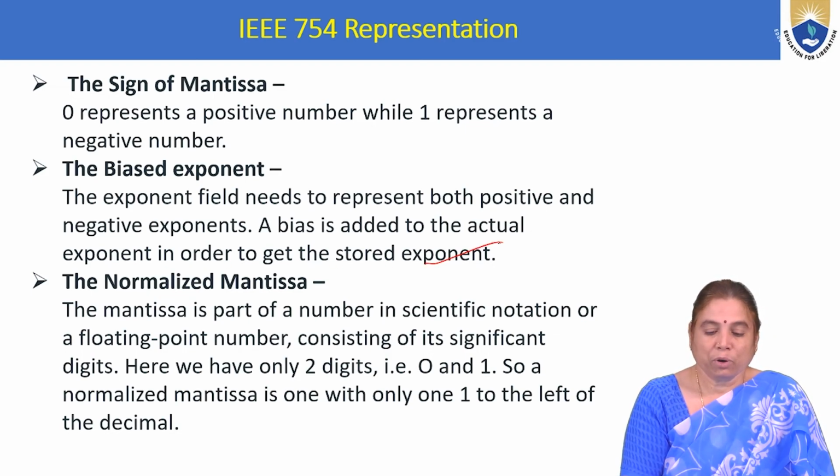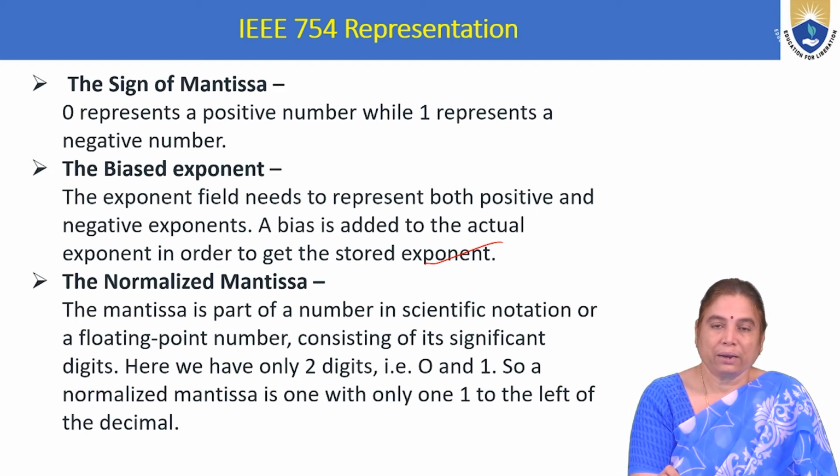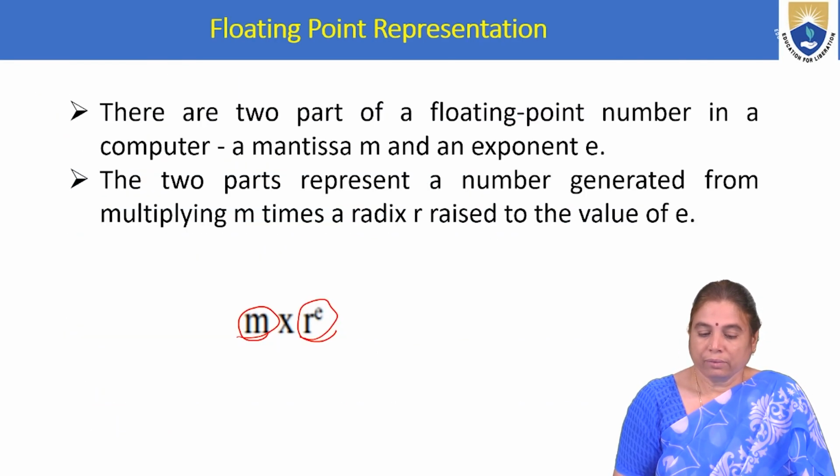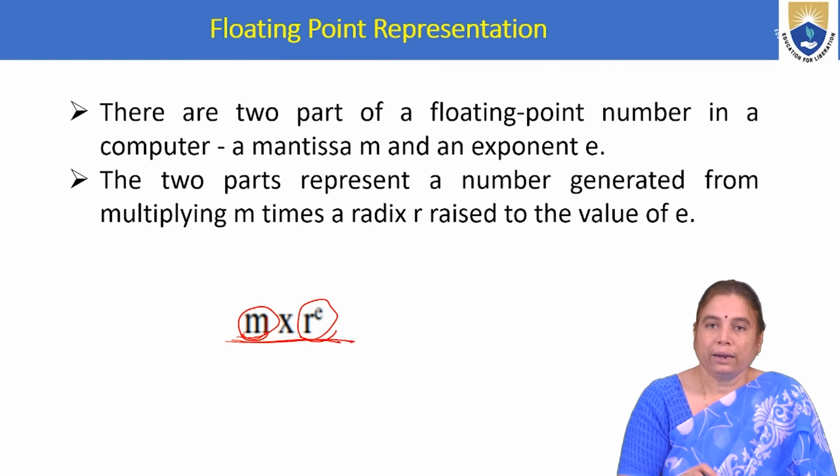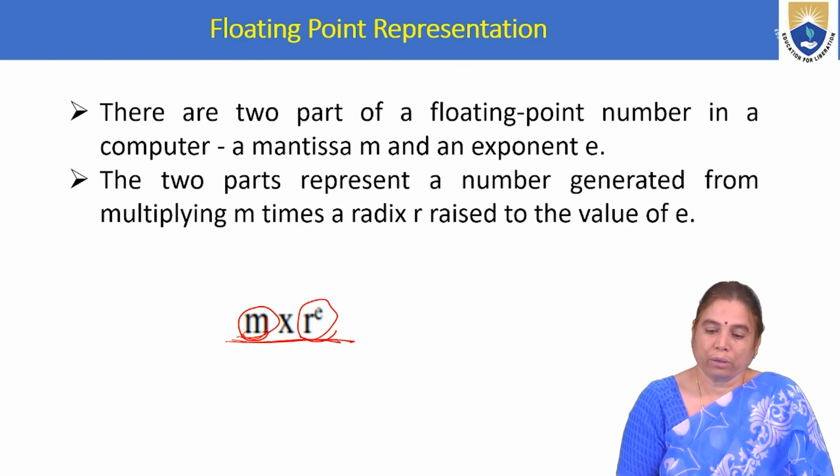And the normalized mantissa: the mantissa is the part of a number in scientific notation consisting of its significant digits. So this form, mantissa m times base power exponent, is the standard form to represent floating point.